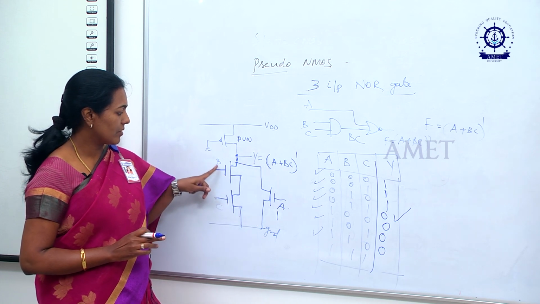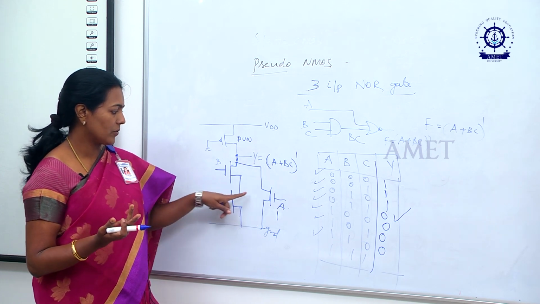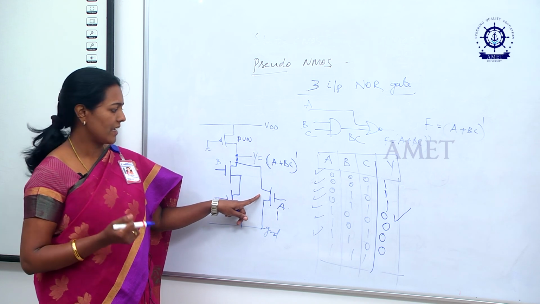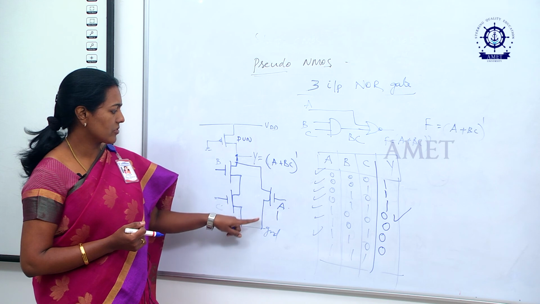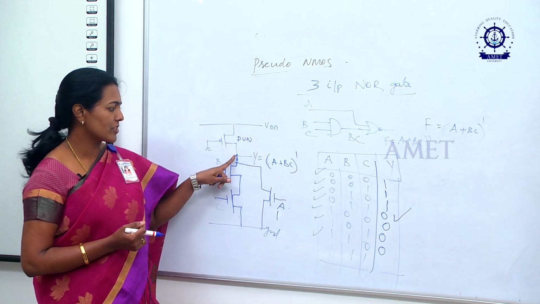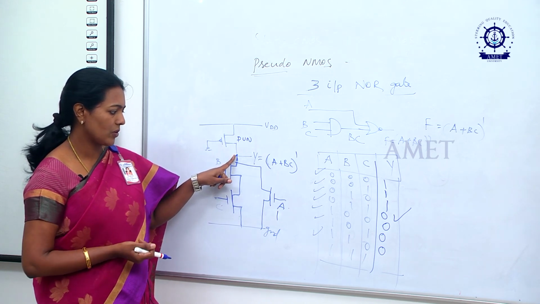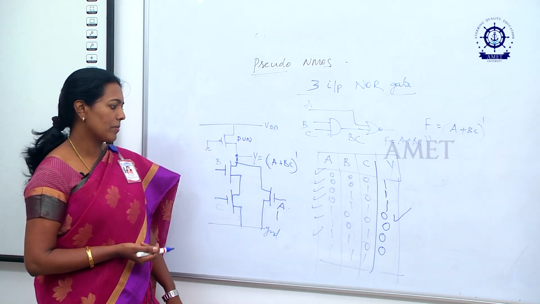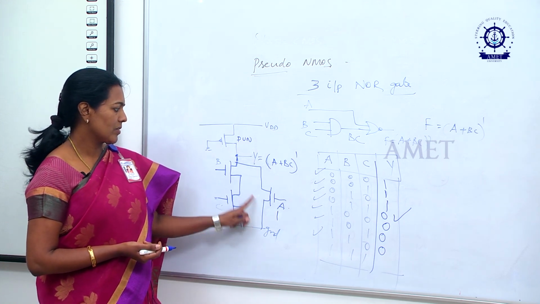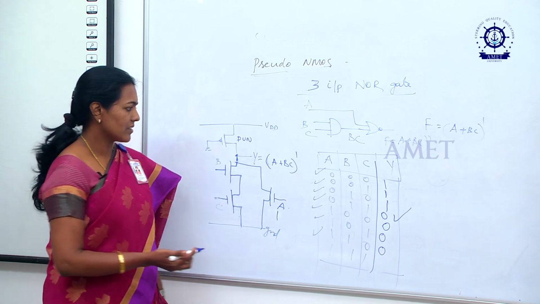Even if B is 0 or 1, we do not bother, we only follow A. So in this case, the current flows like this. It is very difficult to take any output here, so naturally 0. And for the last case, (1 plus 1) the whole complement is 0, because everything is conducting.